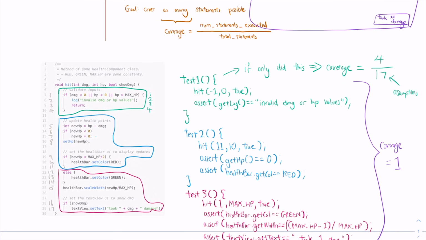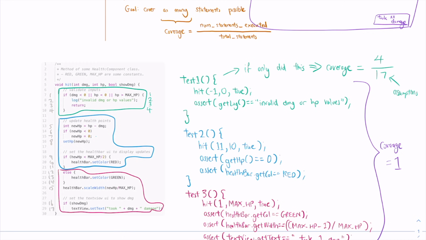So this means we are all good, right? Since we achieved coverage 1, covered every single statement over here, does this mean that we have covered all possible manifestations of behaviors of our method under test here?